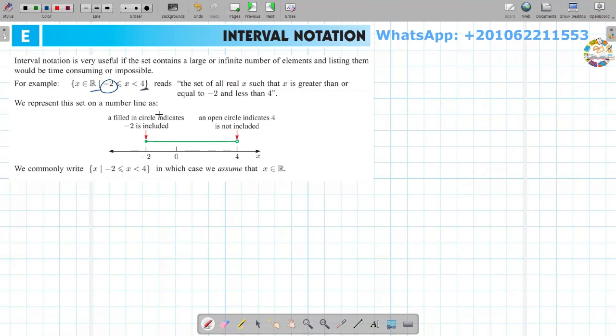We can read it as the set of all real x such that x is greater than or equal to -2 and less than 4. If -2 belongs to the interval, we graph a shaded circle. If 4 is not included in the interval, we graph an open circle.